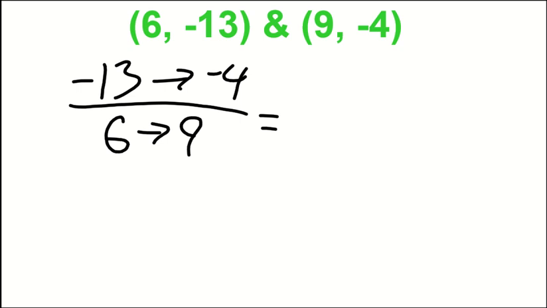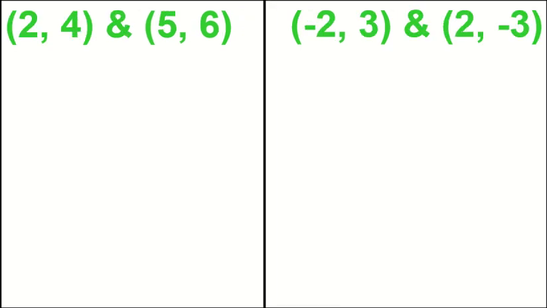So up 9. Then for the x's, from 6 to 9, increase or decrease? Increase. How many? 3. What's 9 divided by 3? 3. That's our slope. Okay? Any questions so far? It's change in y over change in x. Y'all try these two.